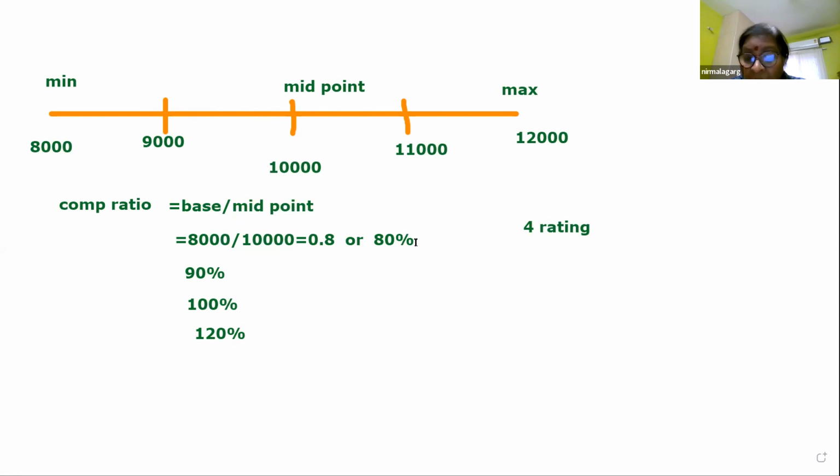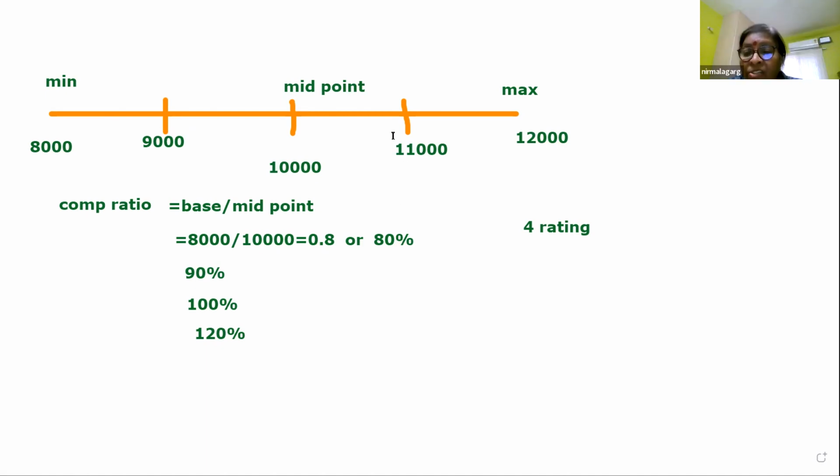Now, this year annual increment, what will I do? I'll calculate comp ratio for every individual level by level and then say that I want to reduce the gap. So I will give Rahul, who is at 90% comp ratio, a higher increment as compared to Naveen, who is already on a high comp ratio, though both have got a 4 rating.